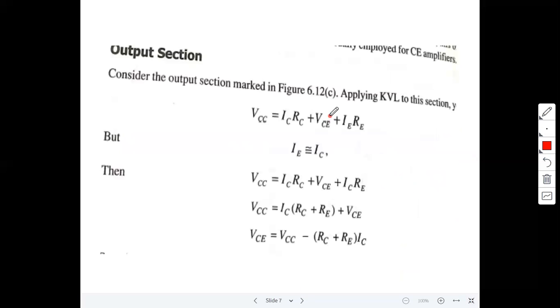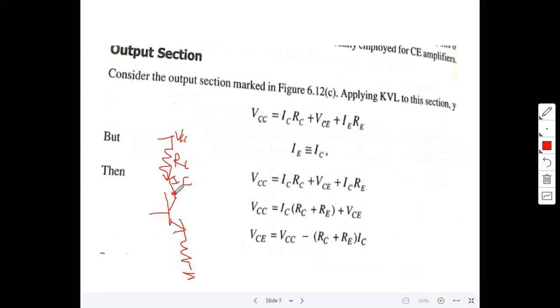Now coming to the output section. What does the output section consist of here? There is one resistor, and a transistor, and one more resistor RE. This is VCC, this is RC, and the current flowing through it is the IC current.